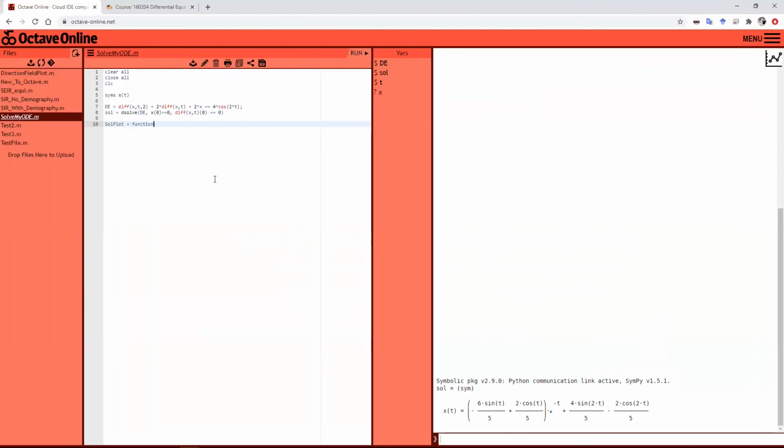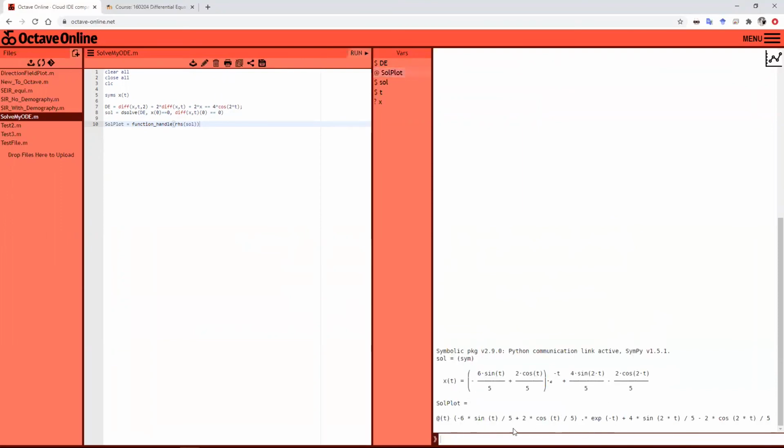I'm just going to type function underscore handle of the right-hand side of sol. If I save and run that now, you'll see that sol plot is now the right hand side of that solution to the ODE. So here's the ODE in symbolic form, and here's the right hand side of that solution. Now I can plot, let's use EasyPlot.